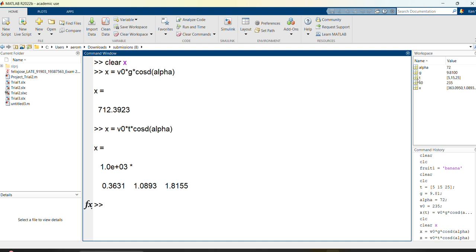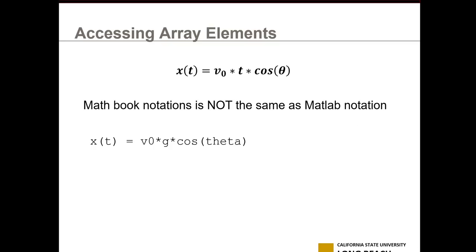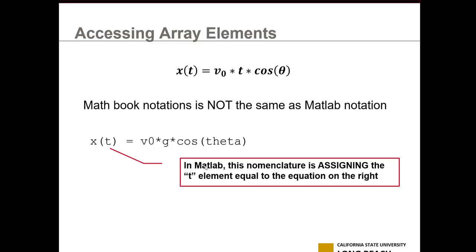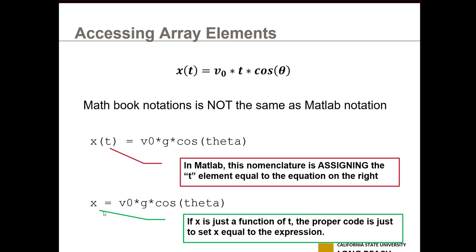And now t and x are both 1 by 3 doubles. So in MATLAB, this nomenclature is assigning the tth element equal to the equation on the right. Whereas this is just saying x is a function of t. Now obviously in my equations here I put g, but just pretend that it was the t.